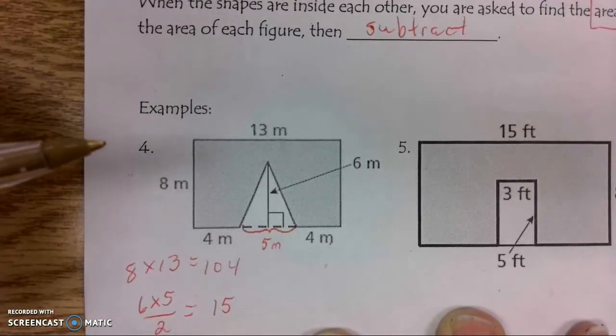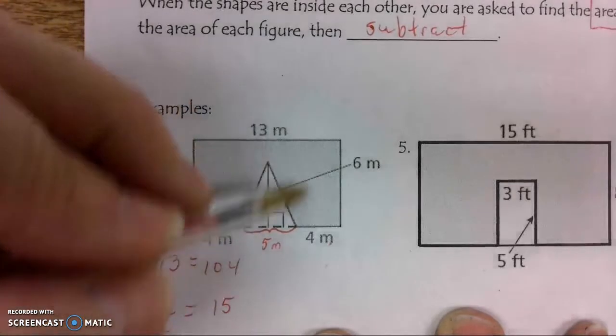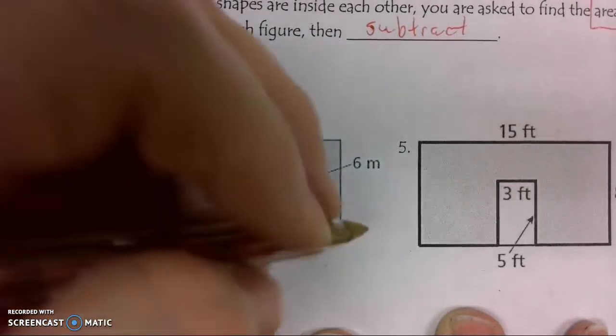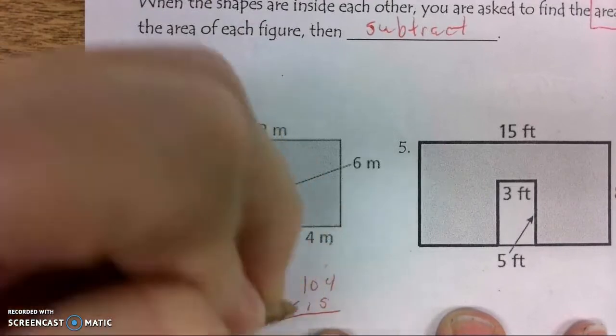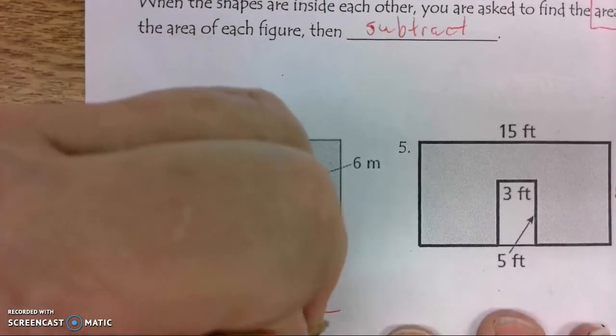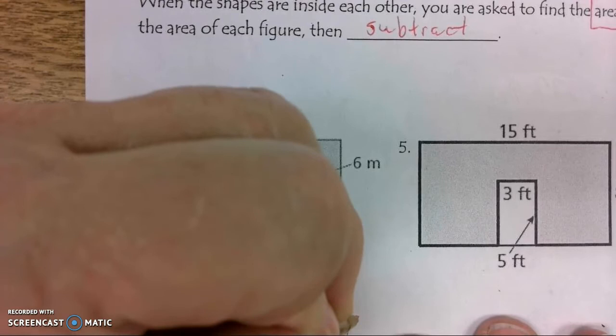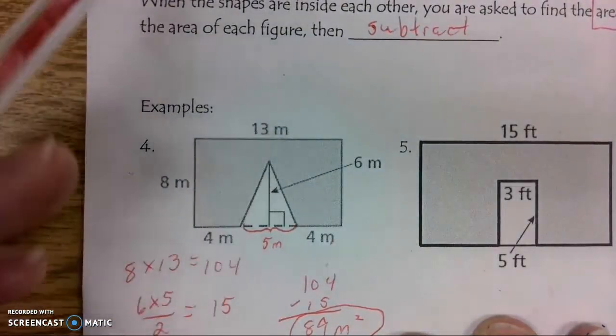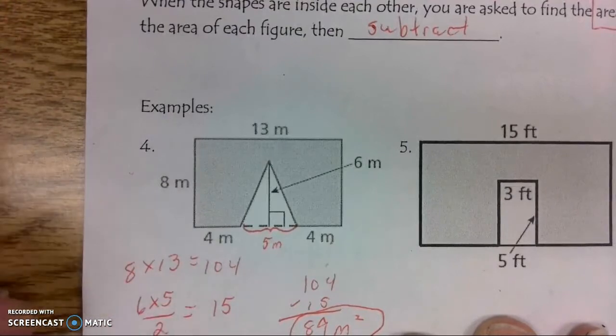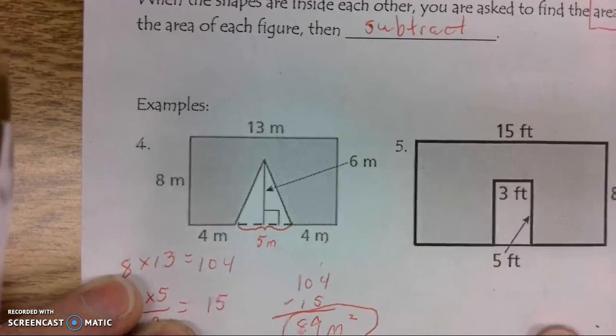That's the part I need to remove. So to find the area of this shaded region, I'm going to simply take 104 minus 15, and that will give me 89 meters squared. So we're sort of doing the opposite of those previous 3.